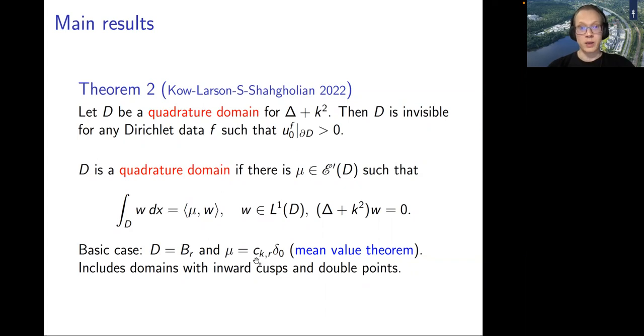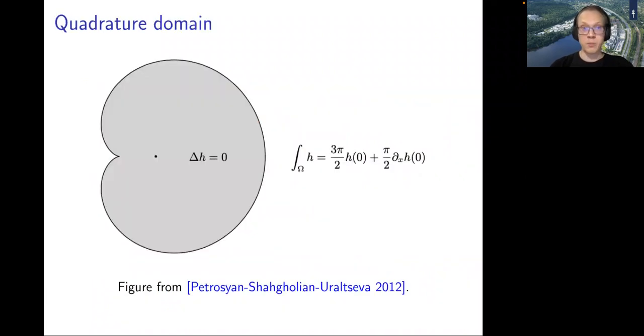Okay, but it turns out that in the case k equal to 0, there's a big theory of these quadrature domains in complex analysis. You have many examples, and one can extend those also for non-zero k. And these quadrature domains include some domains with boundary singularities, such as having inward cusps or double points. So let me give you an example here. This is a cardioid domain. It has one point here where you have an inward cusp singularity. And this is a quadrature domain for harmonic functions.